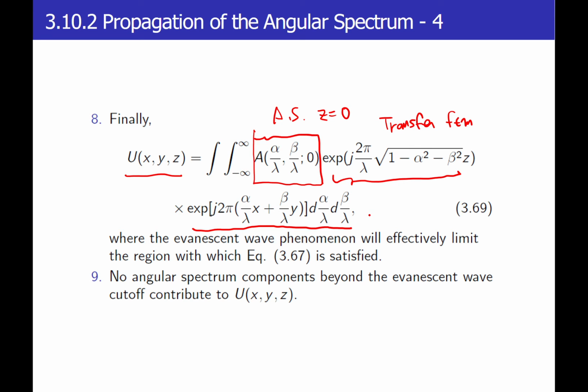And this is, in fact, if you look back, identical to the first Rayleigh-Sommerfeld solution. So we are going to use both the angular spectrum and Rayleigh-Sommerfeld approaches in the following sections.